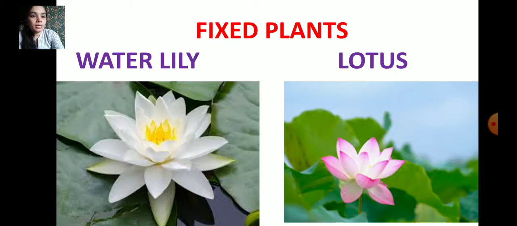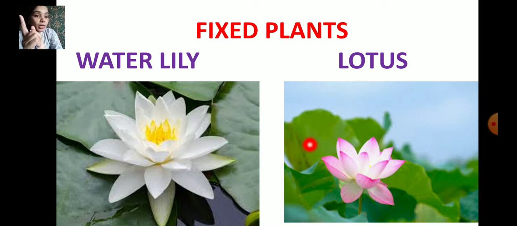Now let us see what are called fixed plants. Fixed plants means they are fixed in one place. Plants like water lily and lotus have roots that fix the plants into the bottom of the pond.